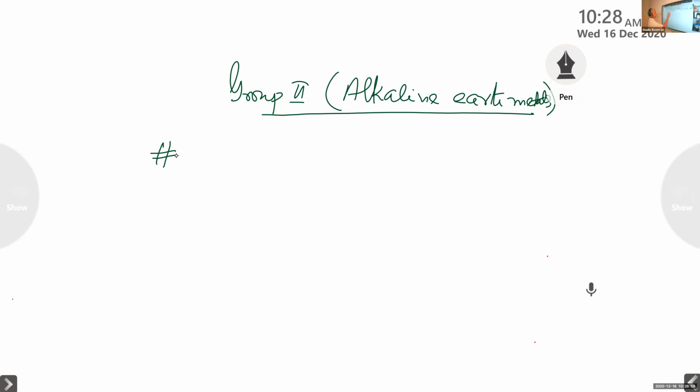Okay, you come to group 2 or alkaline earth metals. Which are the elements present in the group 2 alkaline earth metals? Do you remember the elements? They are beryllium, magnesium, calcium, strontium, barium, and radium. These are the elements present in group 2.